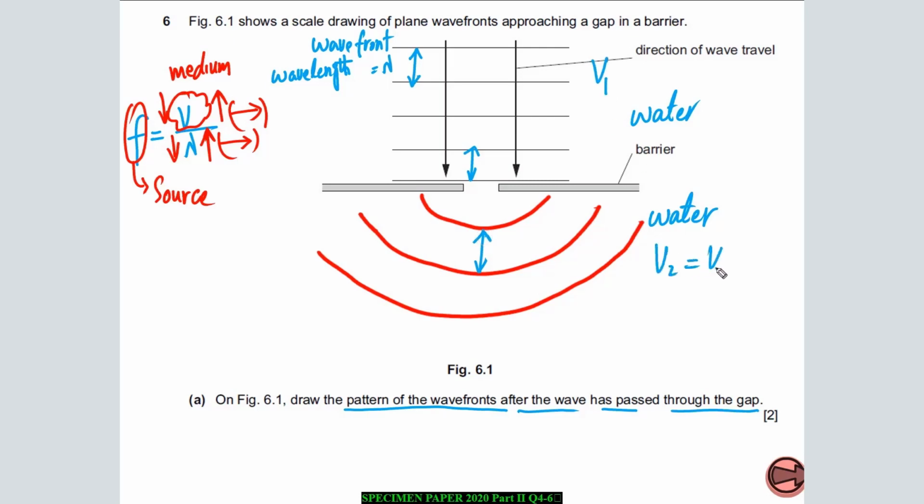In this case, v2 is equal to v1, and lambda 2 is also equal to lambda 1. The second thing we need to understand is that we need to draw at least 3 wave fronts, not 1, not 2. At least 3 wave fronts to get full marks.